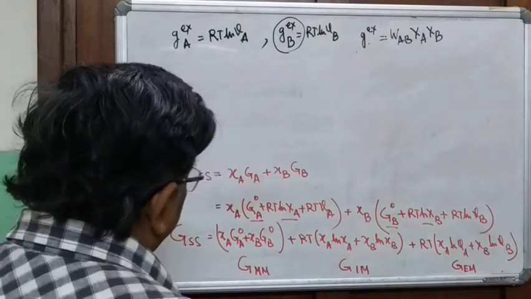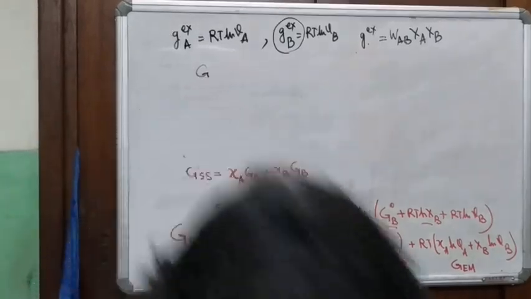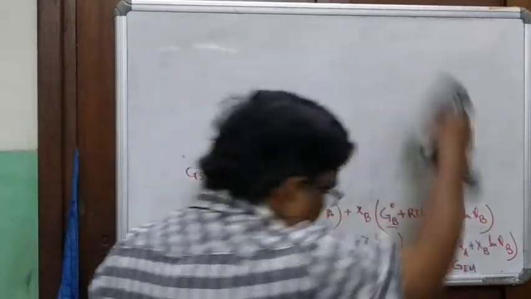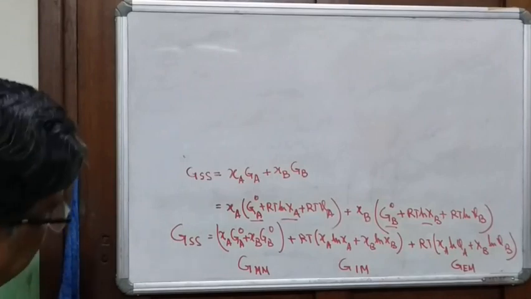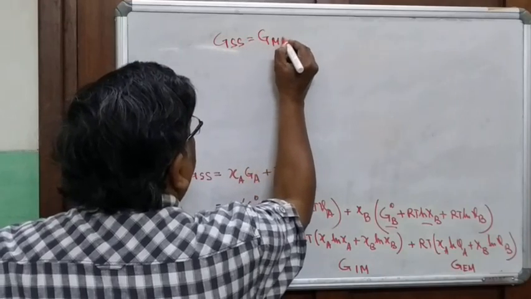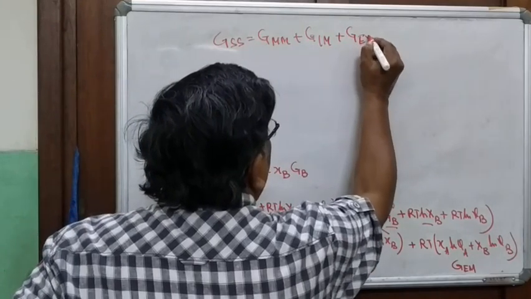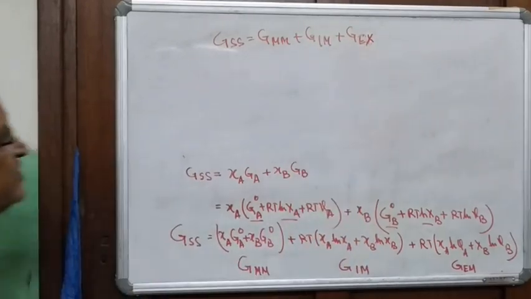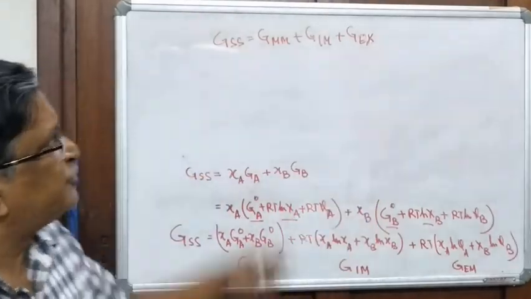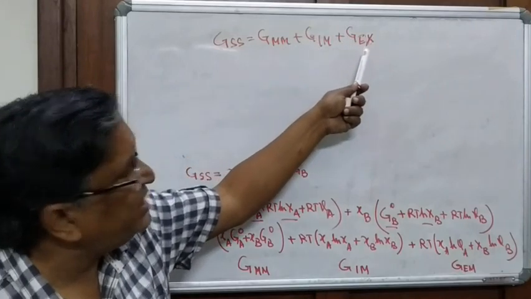So, we can write G solid solution is equal to G mechanical mixing plus G ideal mixing plus G excess mixing, for a binary solid solution, for all solid solutions, binary, ternary, quaternary, whatever. This is the theory.